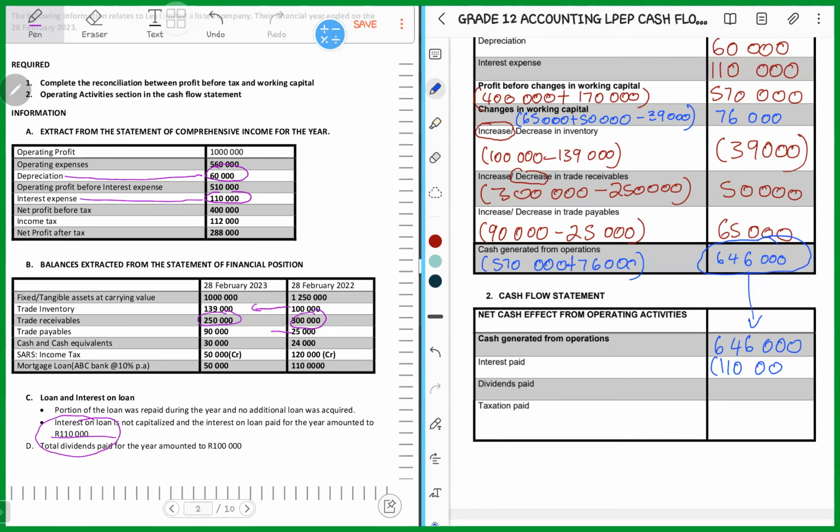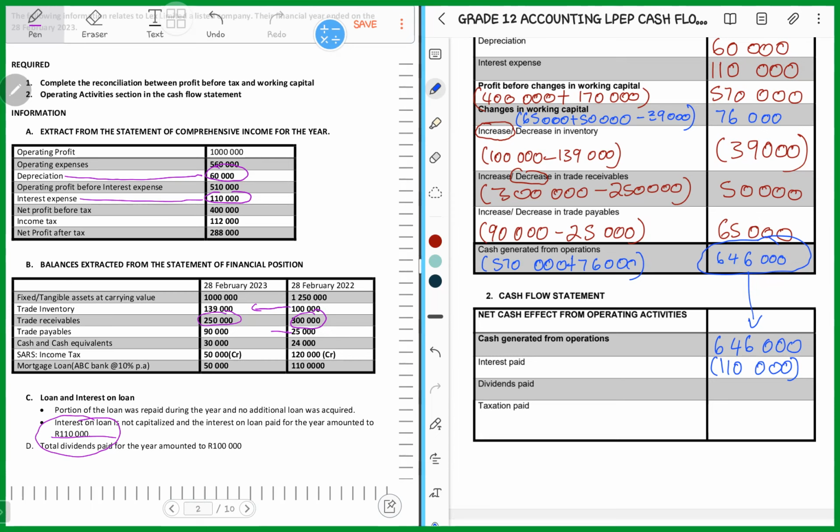110,000. Okay. Then next up, we have to record the dividends that were paid. Remember, for the dividends that are paid, we are talking about the shareholders for dividends from the previous financial year and also the interim dividends that was paid for the year.